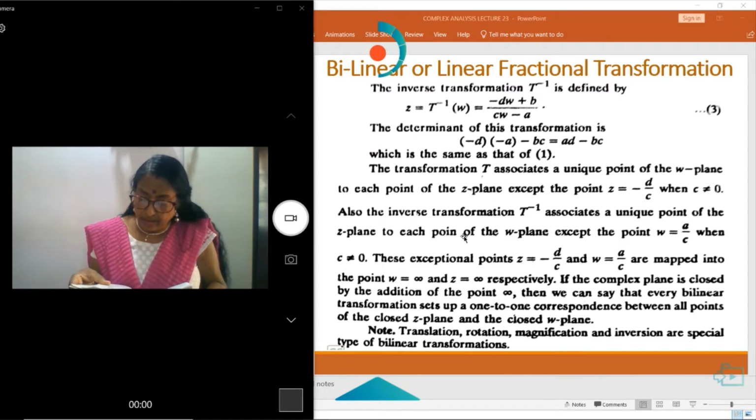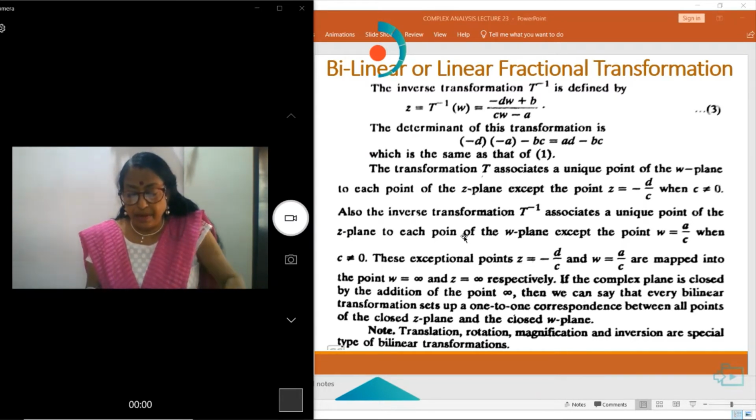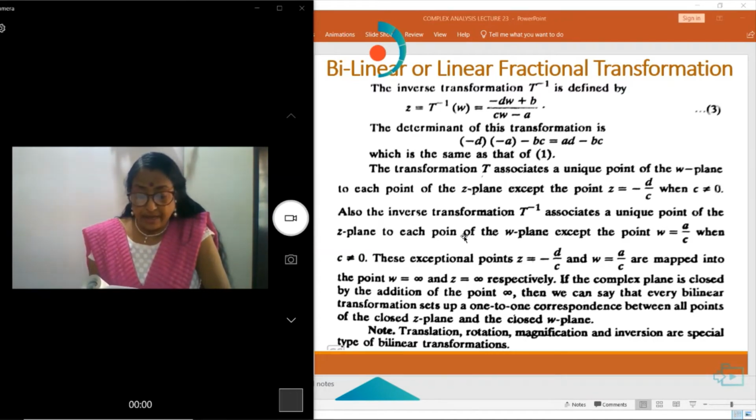When Z is equal to minus D by C, the denominator becomes 0 and the function becomes infinity. So it is except at the point Z is equal to minus D by C, where C is not equal to 0.